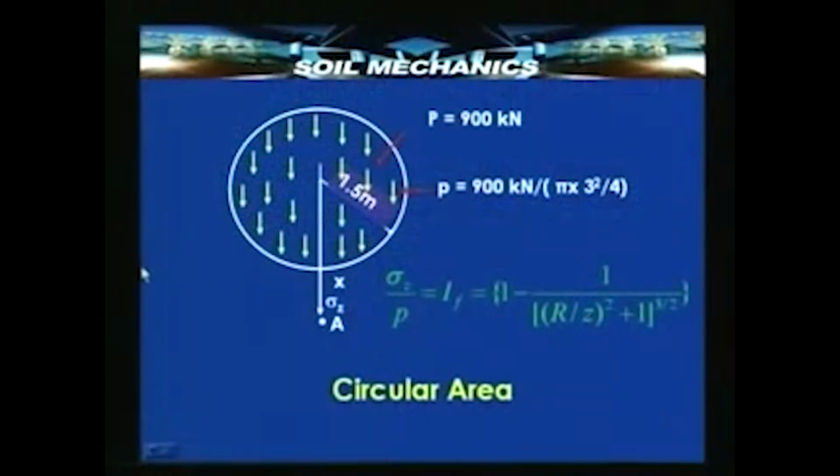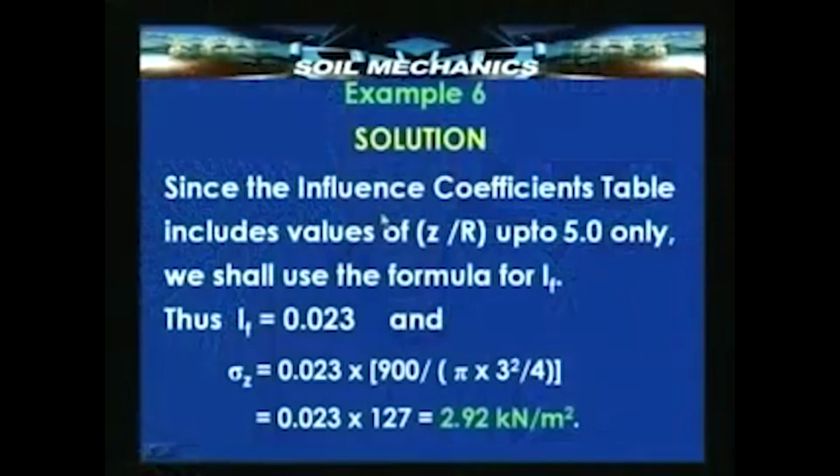This diagram shows the circular area of radius 1.5 meters, uniformly loaded. The load per unit area is 900 by pi d square by 4, and the formula is to be used for computing influence factor, provided the ratio r upon z lies beyond the range of the table. In fact, here it does lie beyond the range of the table.